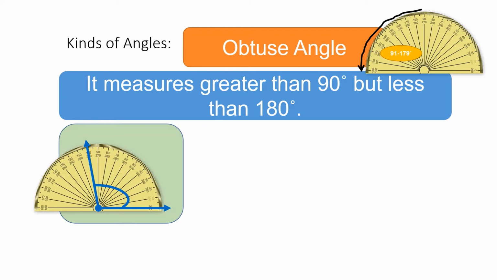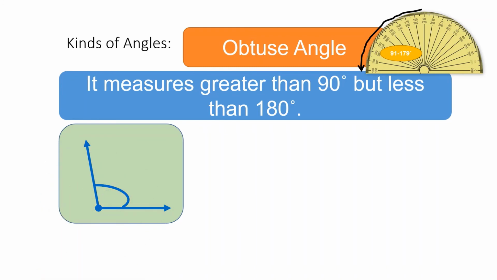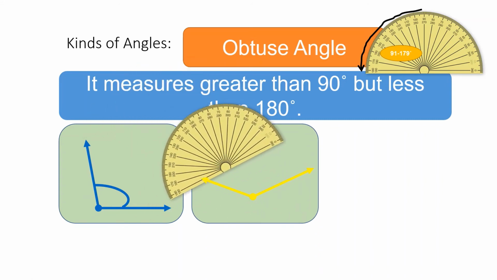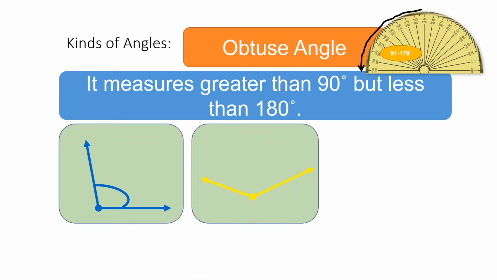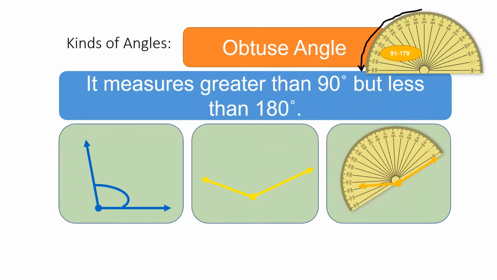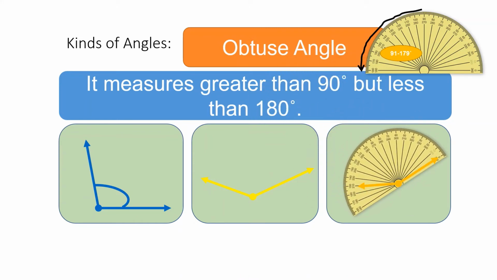This angle measures 100 degrees. The next obtuse angle measures 130 degrees. And our last example, this angle measures 150 degrees.